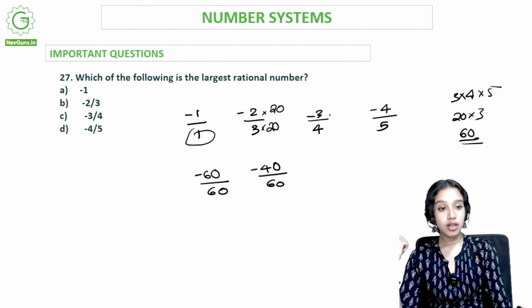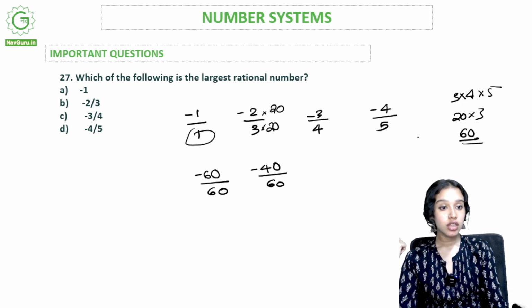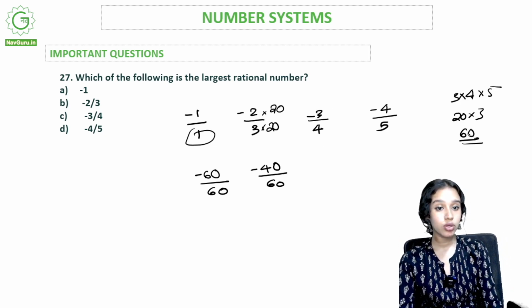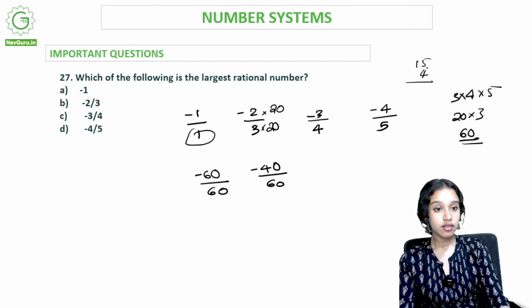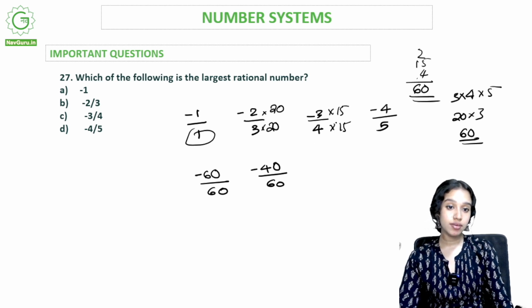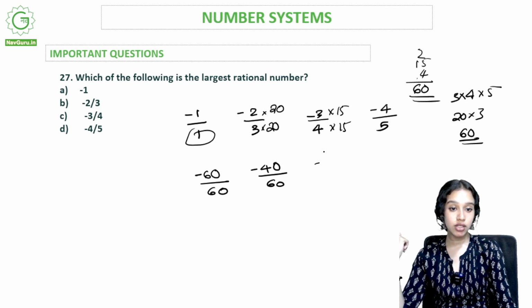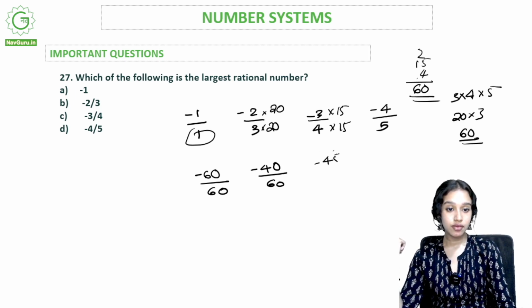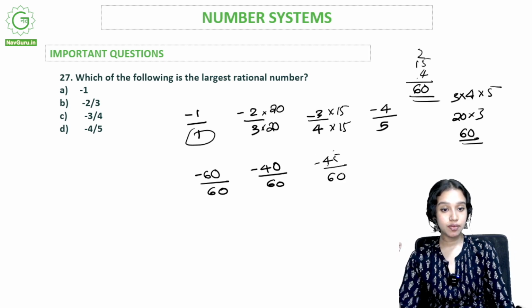So the next one, minus 3 by 4. So how much of 4 is 60? 15 times 4. Let's see, 5 was 20. Yes. So we multiply both of these with 15. 15 into 3, so we have minus 45 divided by 60.